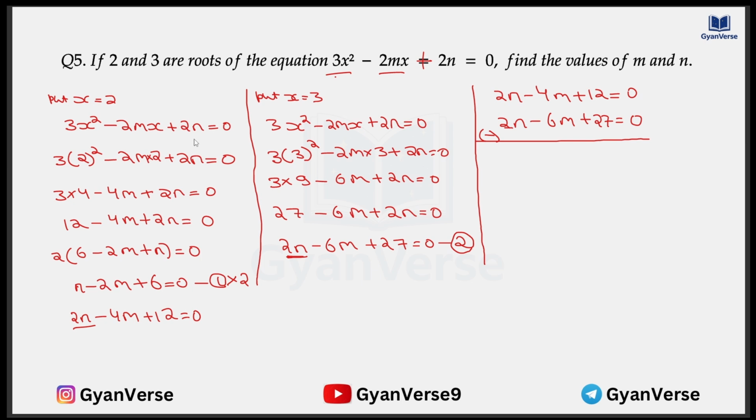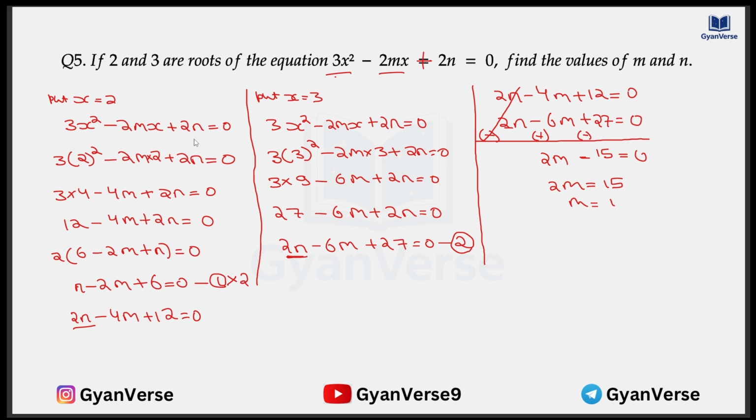Here minus 6m will become plus 6m, opposite sign, and plus 27 will become minus 27. Now n will be eliminated, and minus 4m plus 6m will become 2m. Now 12 minus 27 will be minus 15, because 27 is bigger, so the minus sign will come, and it will become 2m minus 15 equals to 0. So now 15 will go to the other side, it will become plus 15.